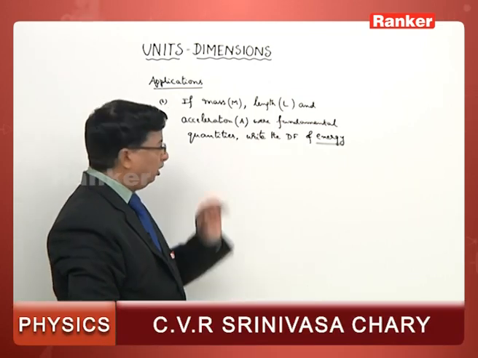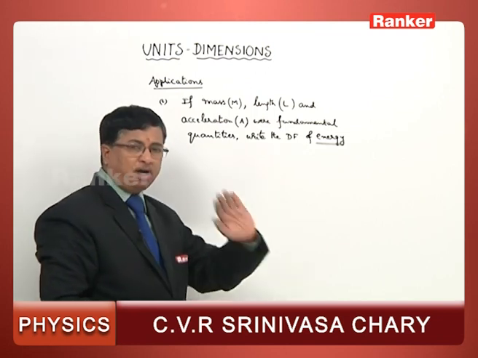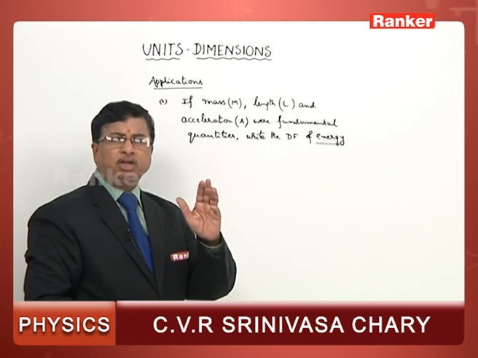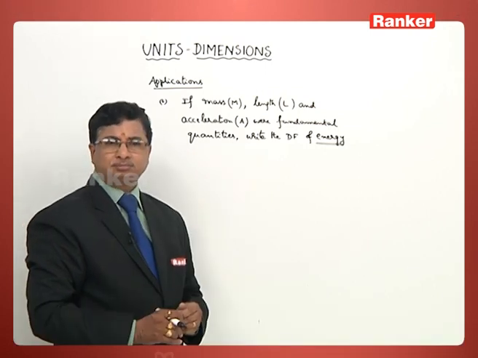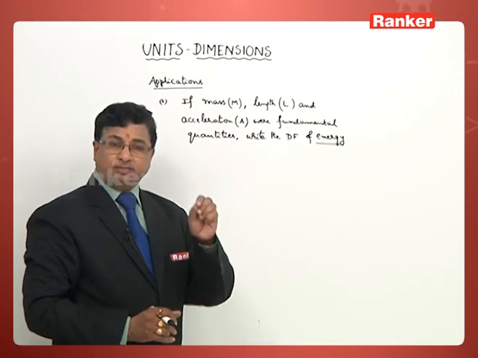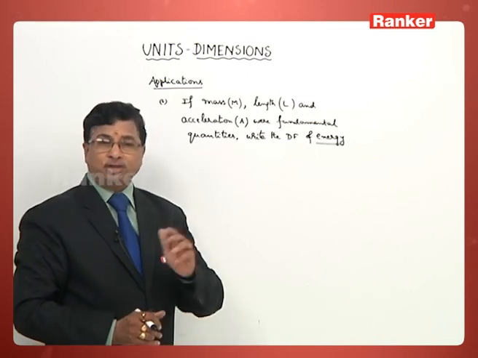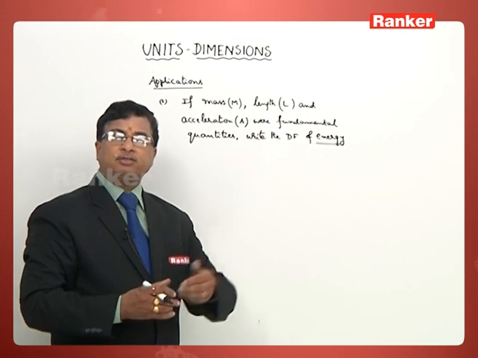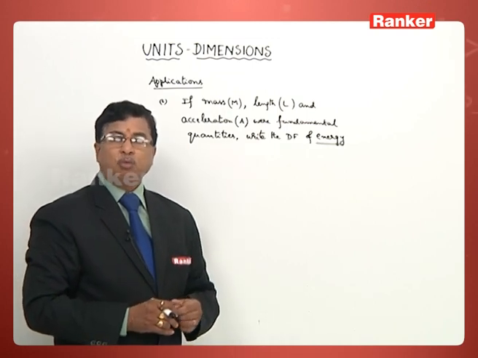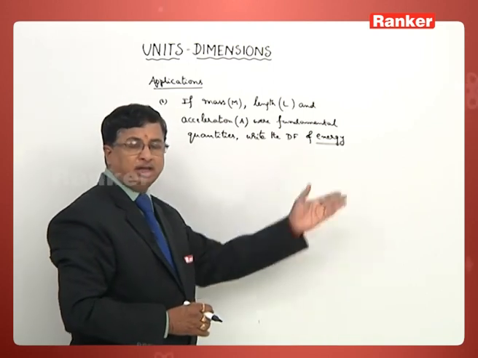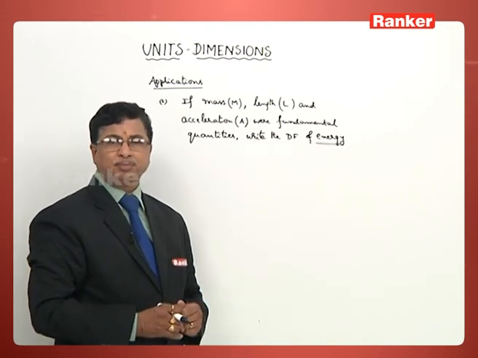But here, this is a different kind of model. He takes 3 quantities of his own choice, and if he says that these 3 were picked up or chosen as the fundamental physical quantities, what is the dimensional formula of some other quantity like energy in this example?